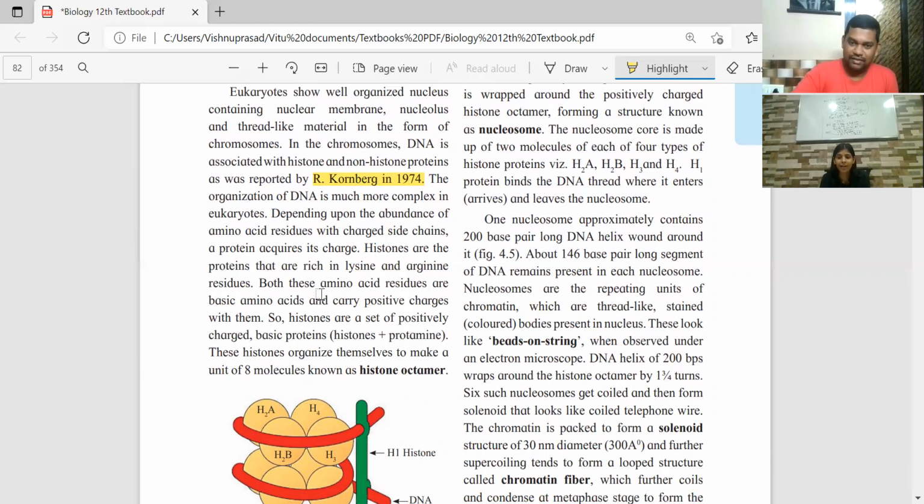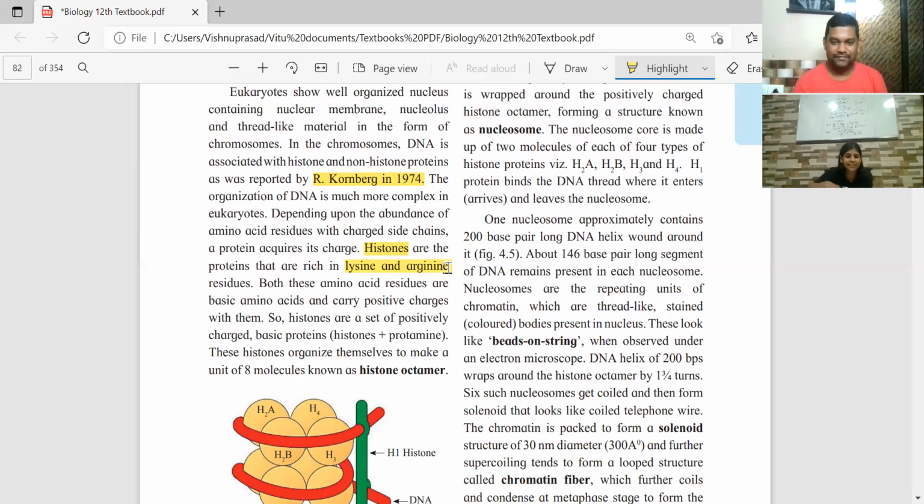According to the charge on the side chain of the amino acid, the protein gets a respective charge, whether positively or negatively charged. We have spoken about histone proteins. In the structure of histone proteins, there is a very high amount of 2 amino acids: lysine and arginine.